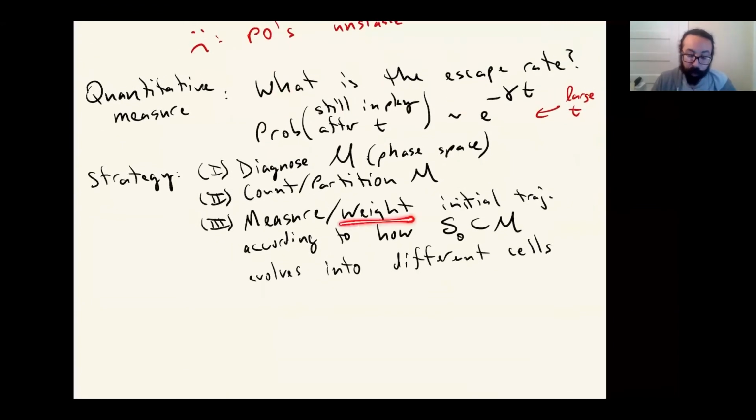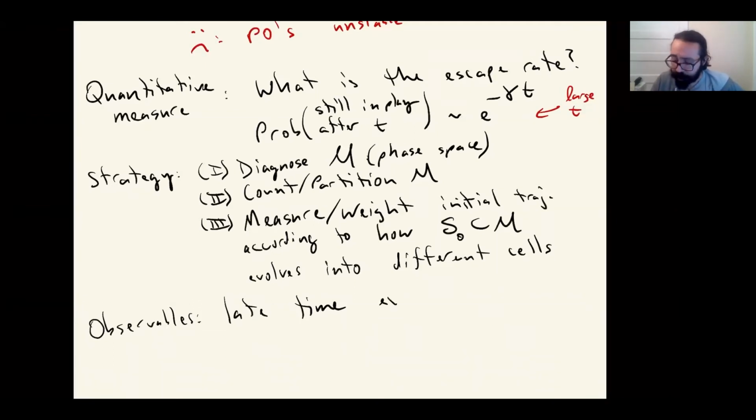And we need to figure out how to weight, how to assign a given trajectory its particular periodic orbit that it hugs for, say, 1 million years, and how that affects its observables. The observables we'll mostly be interested in will be late time expectation values. The simplest thing, like above, would be just this escape rate, but there are more general things you could look at.